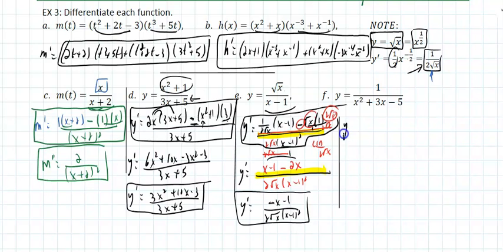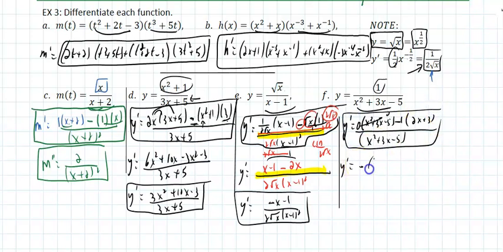Here, for now, y prime is the derivative of the top, which is 0, times the denominator, minus the top times the derivative of the denominator, 2x plus 3, over the denominator squared. Now, the fact that this is a 0, pretty much undone.